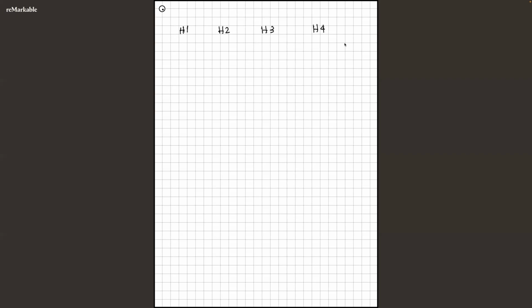I want to send letters to these 4 houses such that none of the houses gets the letter it is really meant for. That means house number 1 will get a letter either from house number 2 or house number 3 or house number 4, like that. How many ways can we deliver the letters so that none of the houses gets the letter which it is meant for?